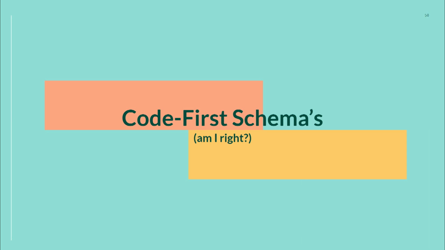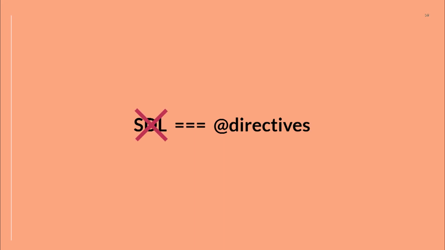So you don't really get that visibility that I was talking about, where your schema is describing all these fields and you're putting these directives in specific places. With code-first schemas, it's a little bit different. We're not going to have these directives show up like this. It's really going to be more that you attach them in those methods where you're creating those types, which is fine, but it's not quite the same as this, where you get to see it.